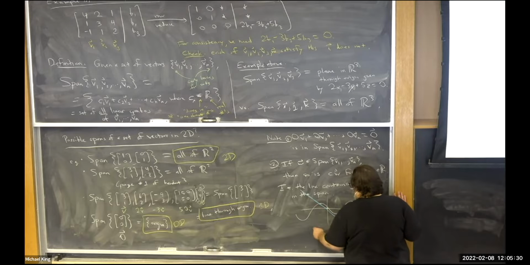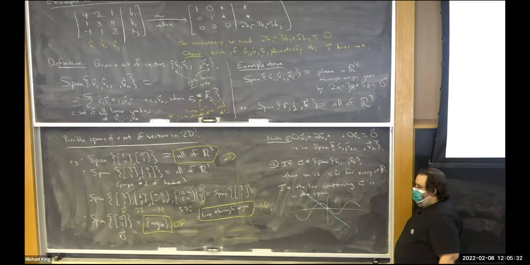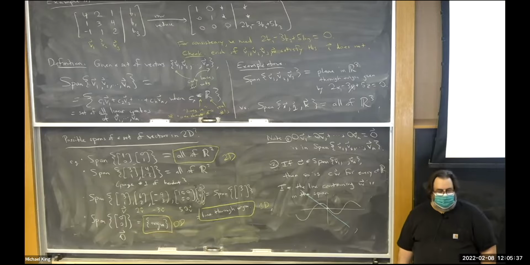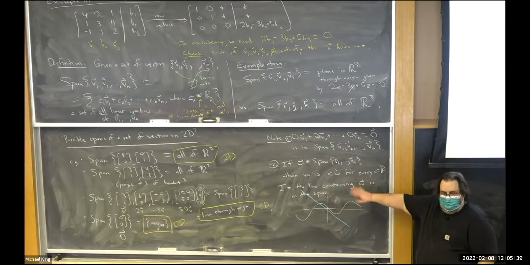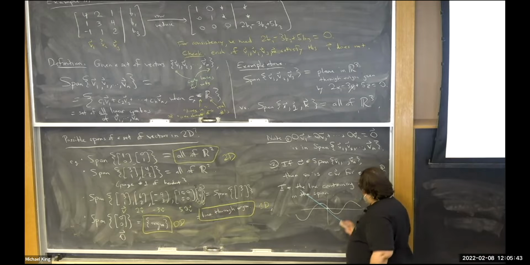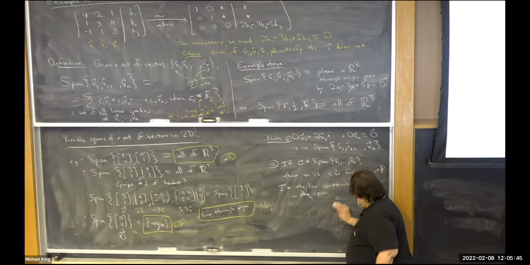So actually, if you had a bunch of vectors lying on a sine wave, then in fact the span would have to be all of R2, because you can scale and get off that sine wave. So spans are inherently linear objects.